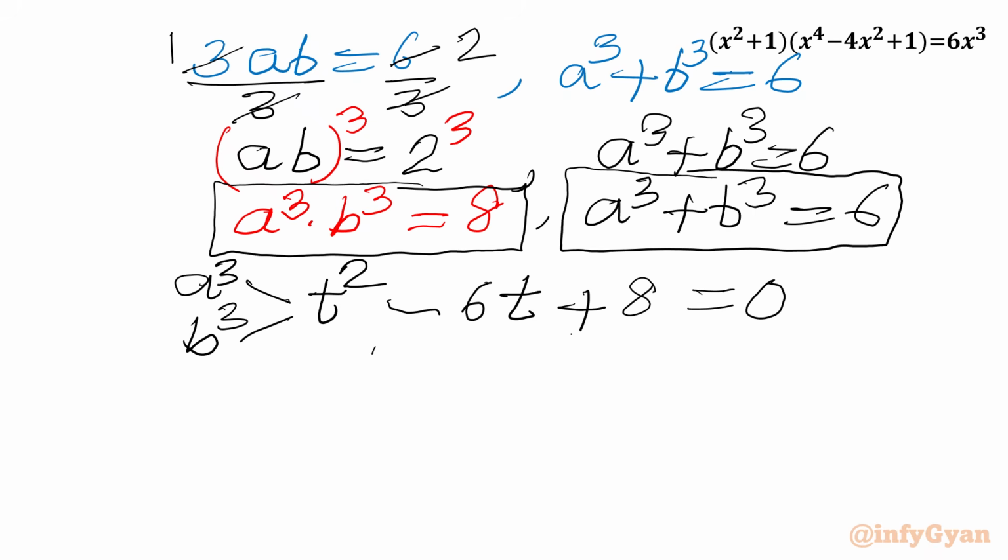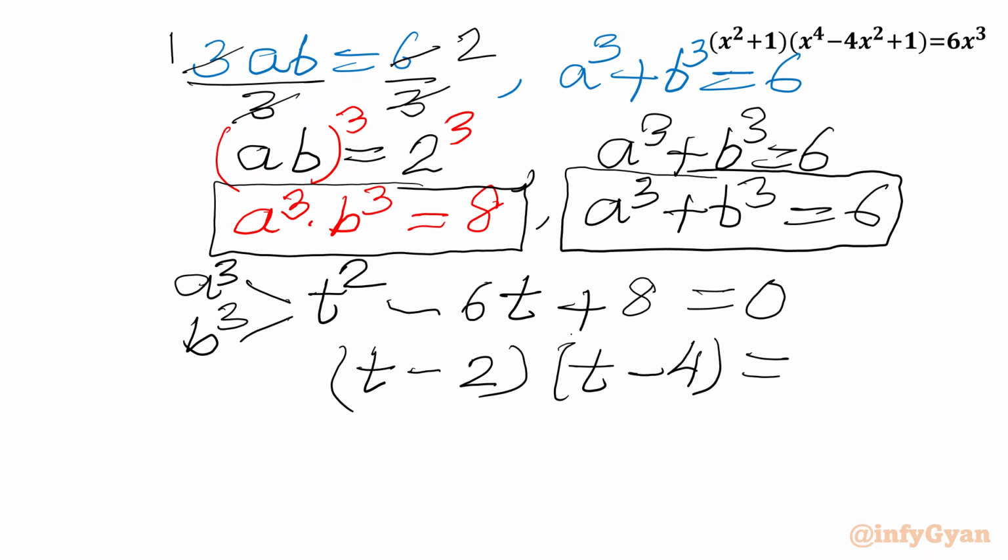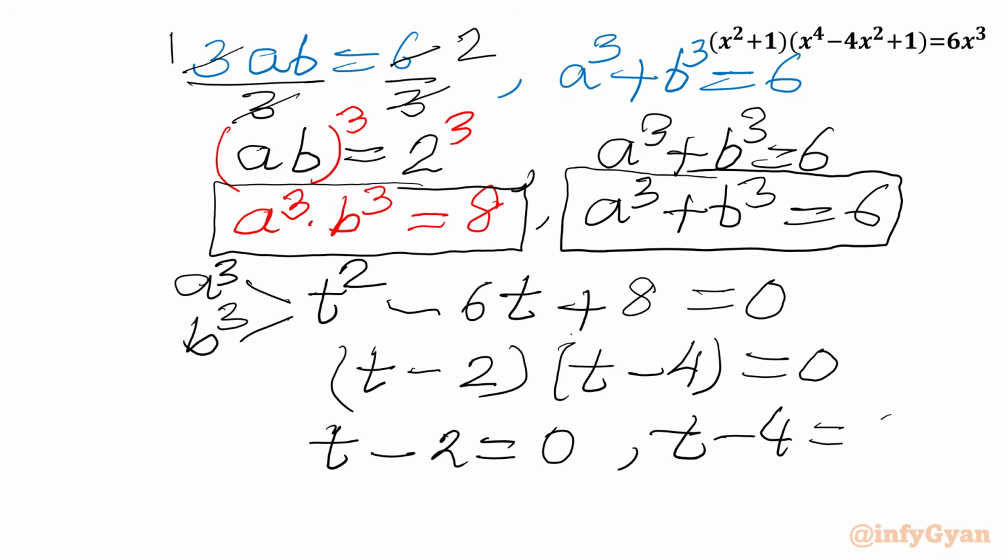After factorization, we can easily write t minus 2 times t minus 4 equal to 0. Using the product 0 rule, we will get either t minus 2 equal to 0 or t minus 4 equal to 0. So we'll have t equal to 2, t equal to 4.